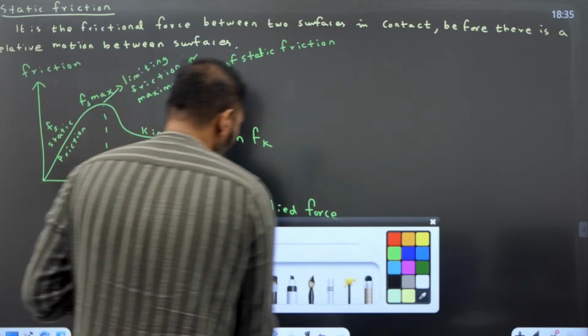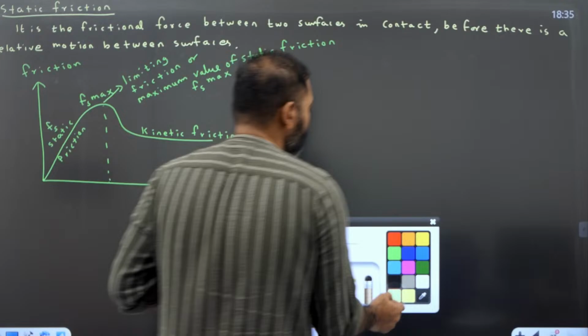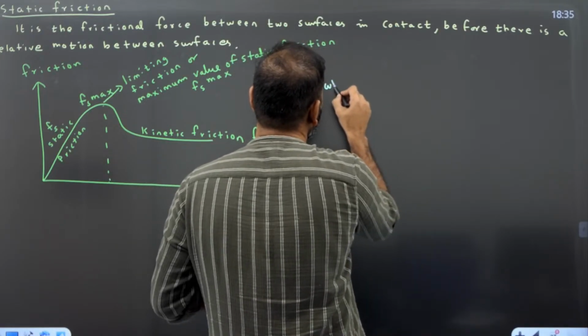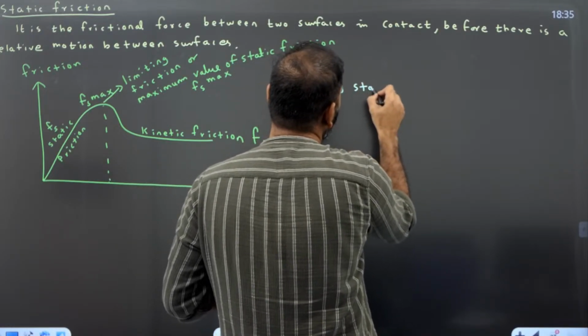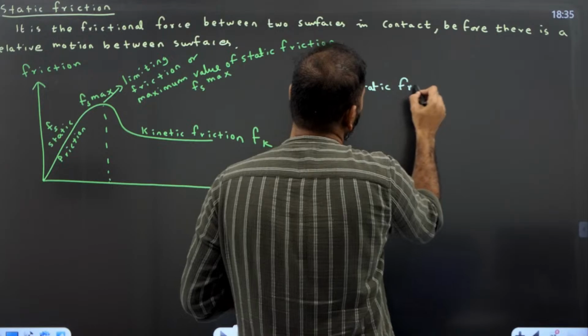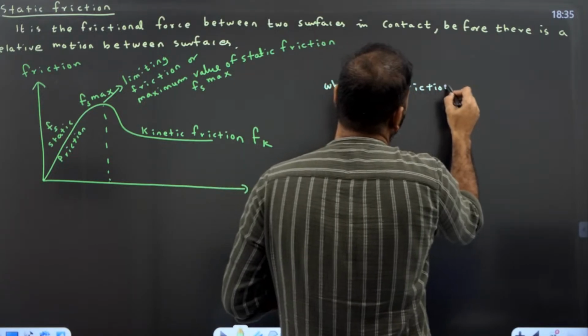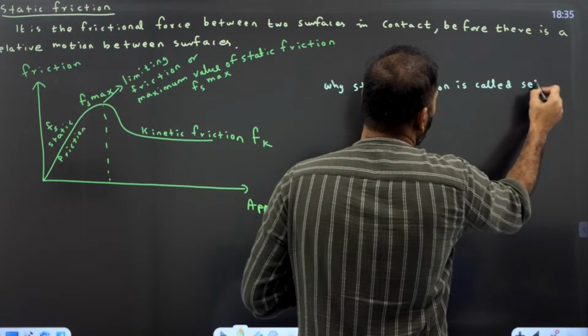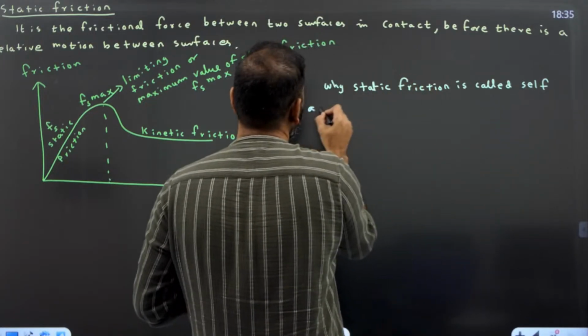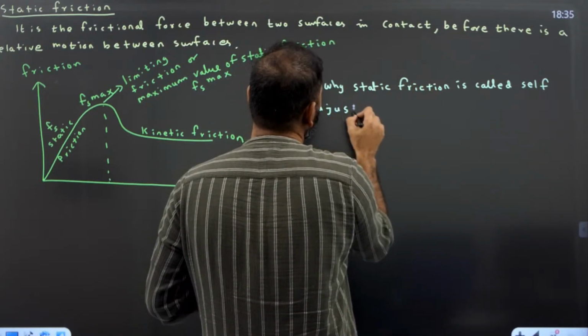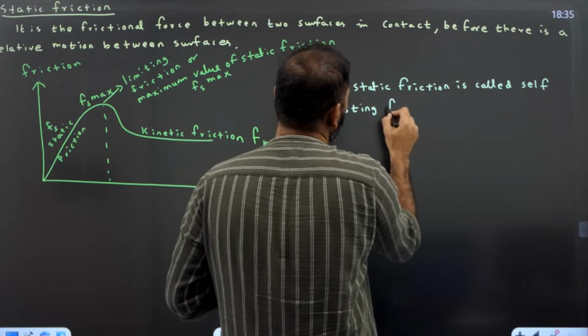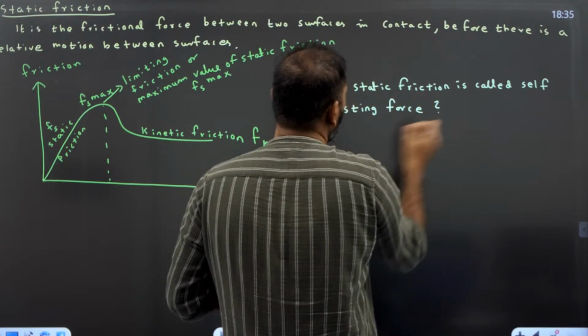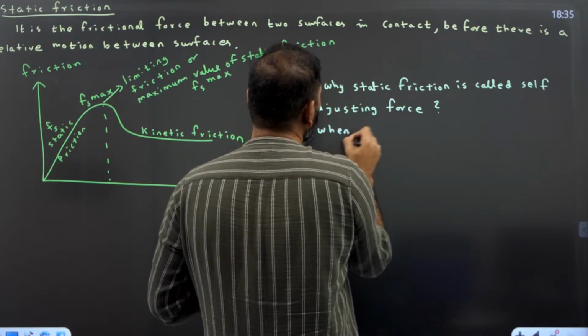So static friction is called a self-adjusting force. It's a very important question. Why is static friction called a self-adjusting force?